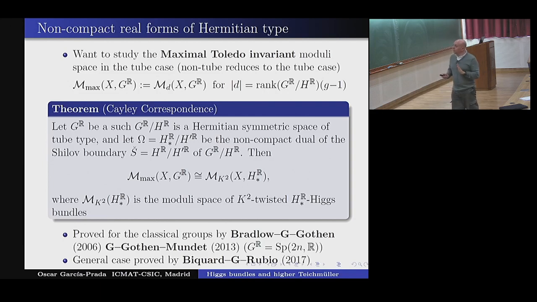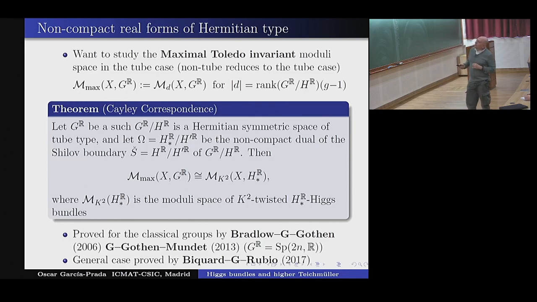The key thing is that this moduli space can be seen to be biholomorphic to another moduli space, a moduli space of, let me say, Higgs bundles, right? But instead of the usual twisting by K, remember we have a twisting by K in the theory of Higgs bundles, the twisting here is by K squared. So they are, properly speaking, not Higgs bundles, but Higgs pairs of some sort, just twisted by K squared.